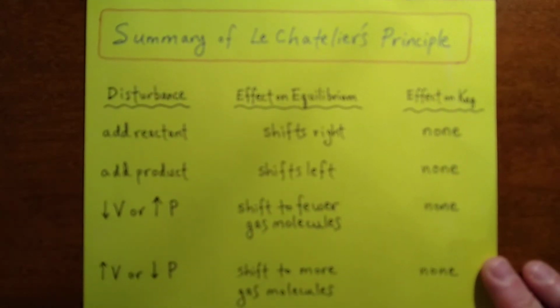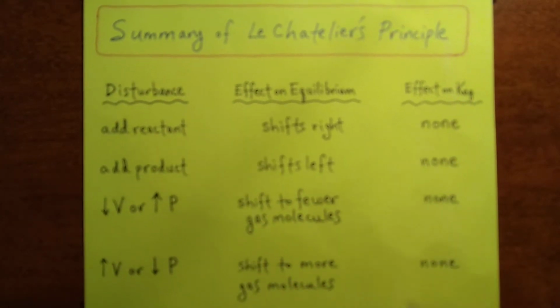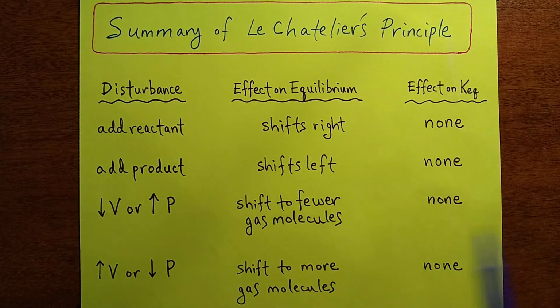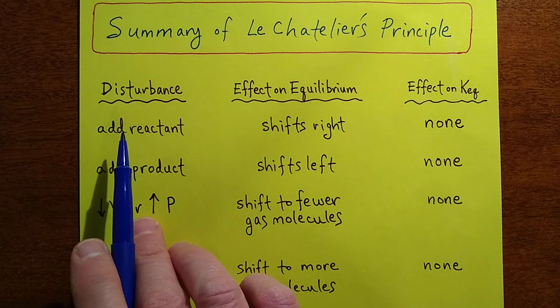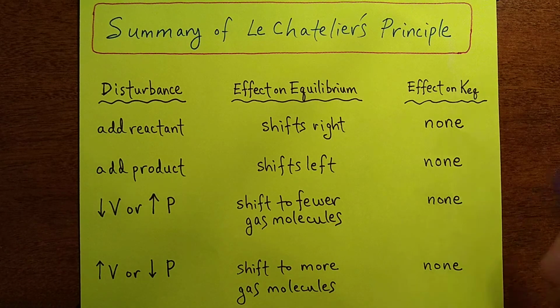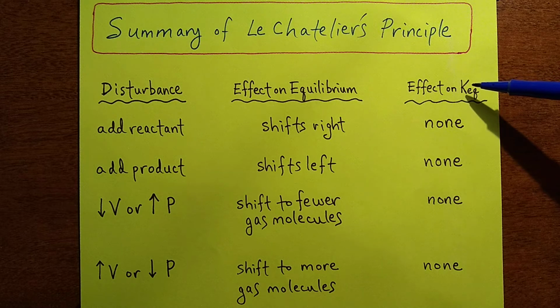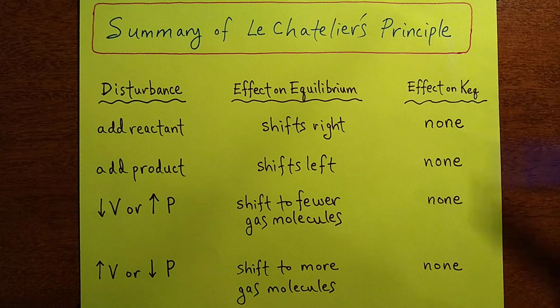So to summarize what we've been talking about here, you can cause an equilibrium to shift by adding in products or reactants. If you add in a reactant, you upset the left side of the equilibrium, so it shifts to the right. Notice the size of the equilibrium constant is not affected. That's important.